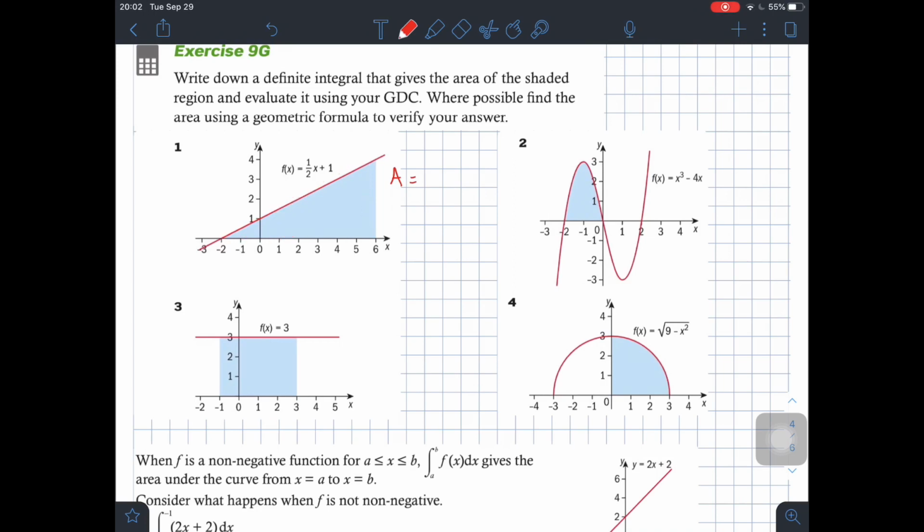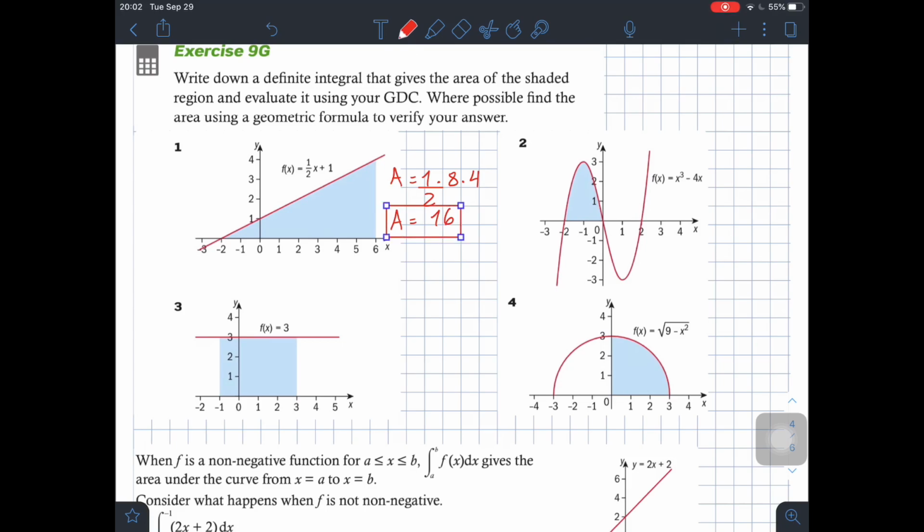The area of this triangle, where the base is from -2 to 6. We're moving 8 spaces, I think. 1, 2, 3, 4, 5, 6, 7, 8. Yes. So 1/2 of the base, which is 8, times the height, which is 4. Yes, 4. So the area is equal to 4 times 4, 16.